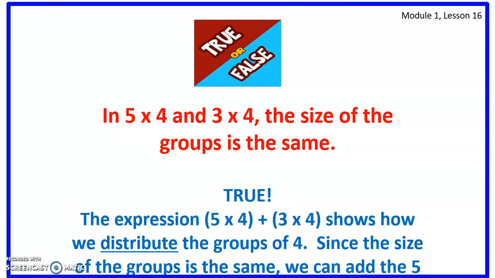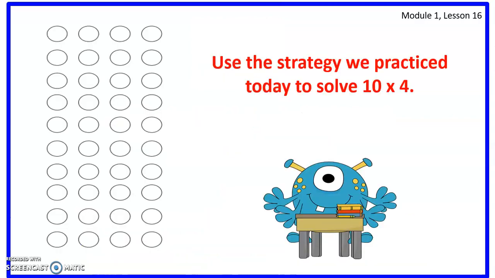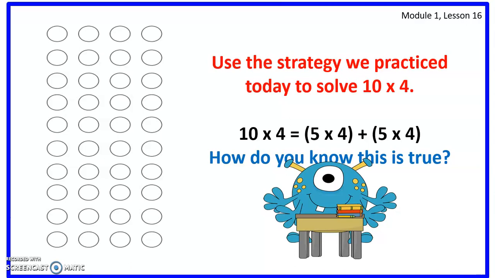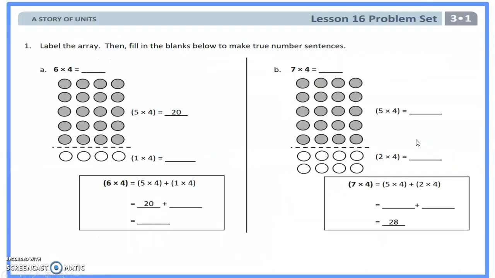Get it? Making it 8 times 4. We have the same groups, which is what? 4. This is 10 times 4. We can also use that to solve 10 times 4 as 5 times 4 plus 5 times 4.